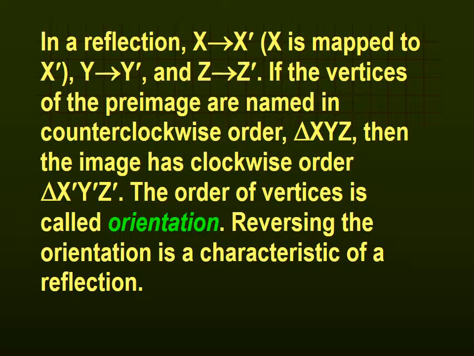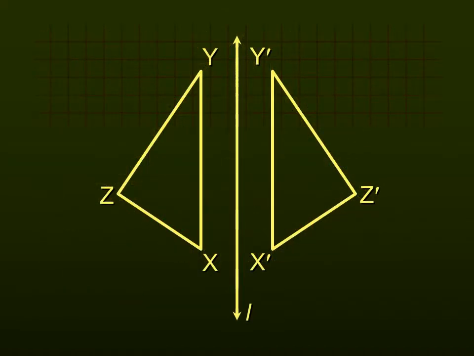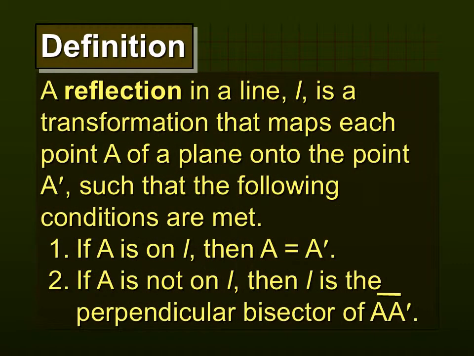When we reverse the orientation, it's a characteristic of a reflection. And I think that instead of saying XYZ, if it's going clockwise, it should say ZYX, if I'm not mistaken. So again, here's your preimage XYZ, and then your image X'Y'Z', all primes.